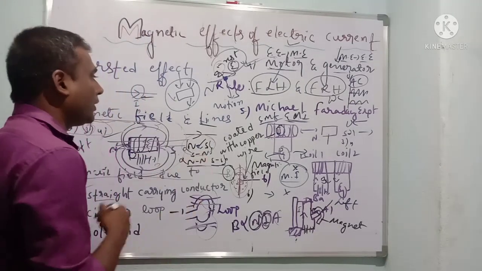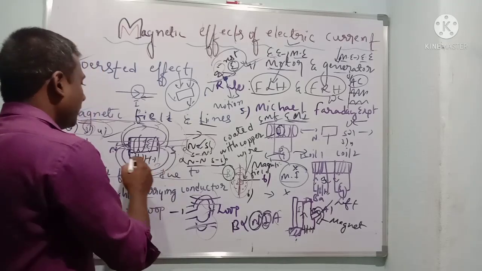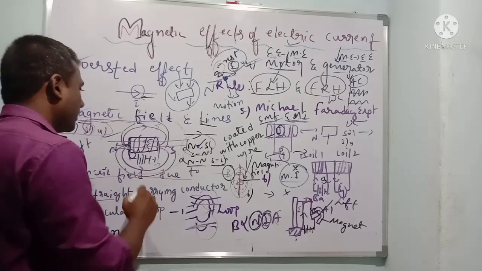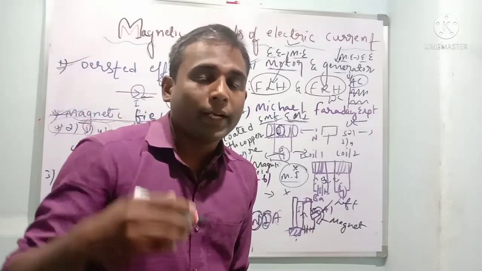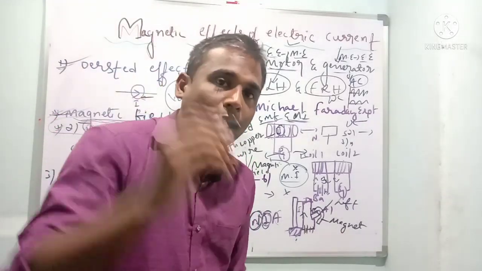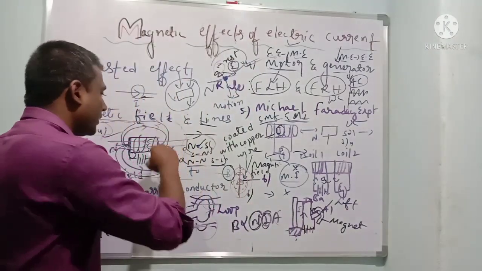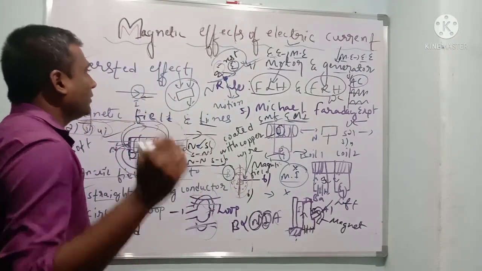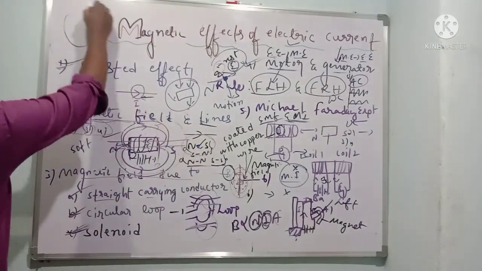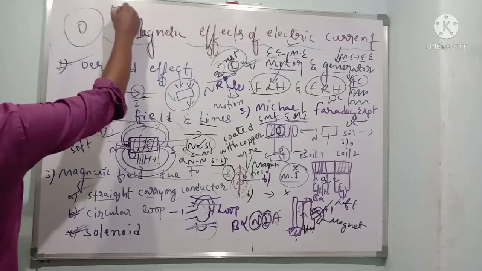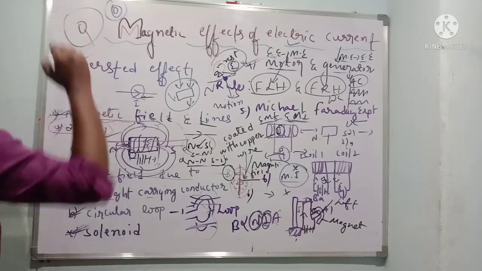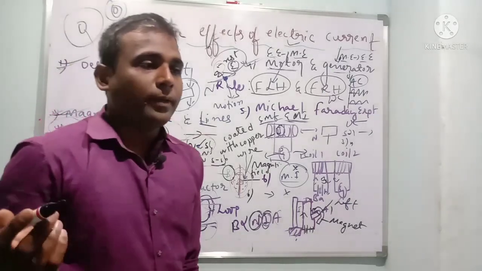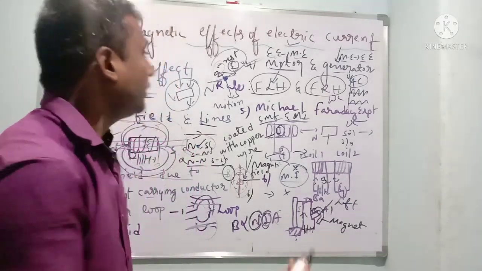Afterwards, last but not least, the strength of the magnetic field depends upon the number of magnetic field lines and the distance between the magnetic field lines. Suppose, children, I am going to draw like this. This is big one, distance is more, so strength of the magnetic field is less.